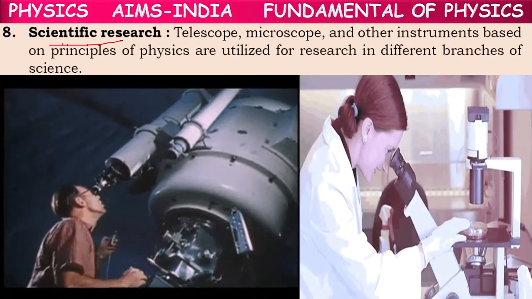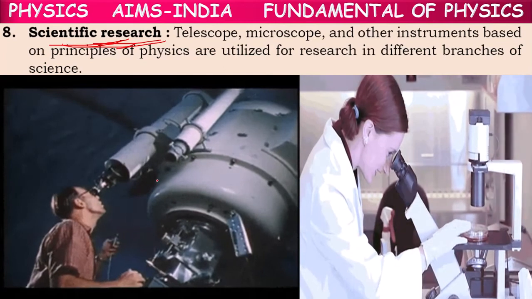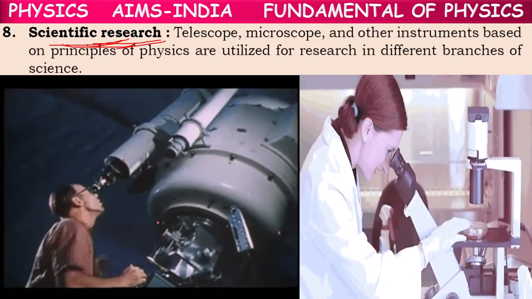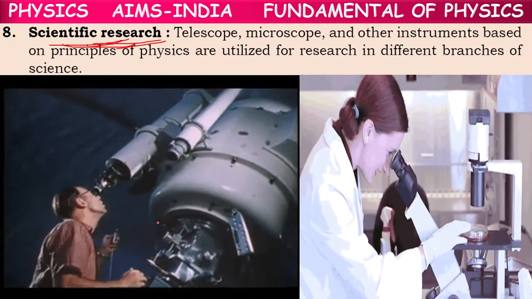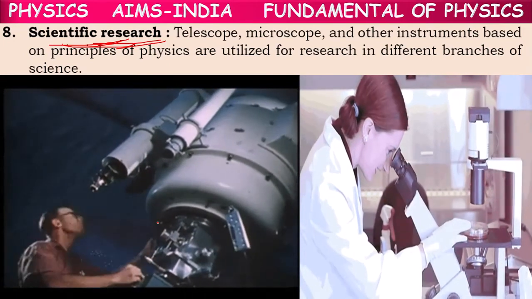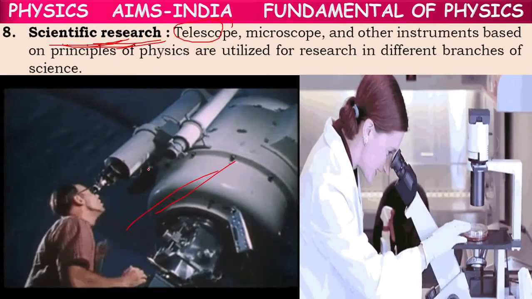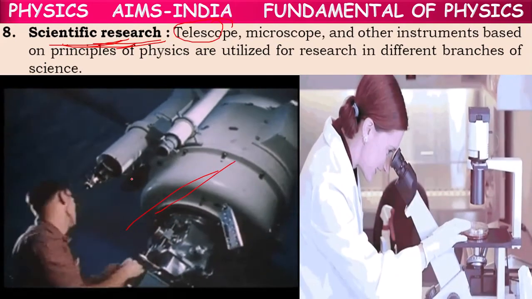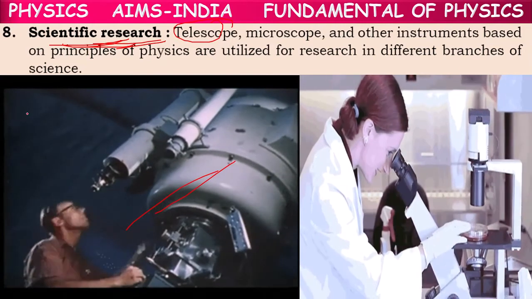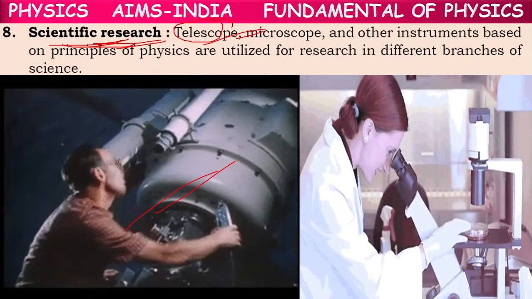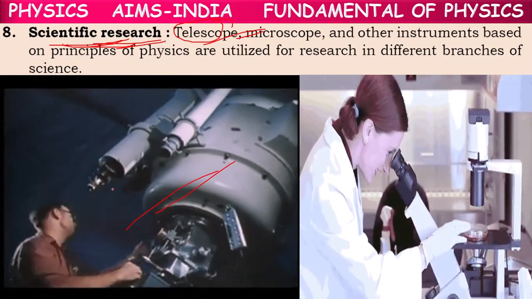Not only for that, even for scientific research, what is there in the sky, what is there behind the sun, or how many kinds of planets are there like earth in our universe. All this we can search with the help of telescopes. With the help of telescopes, some crores of miles or kilometers we can observe, and we can find the secrets in the universe.